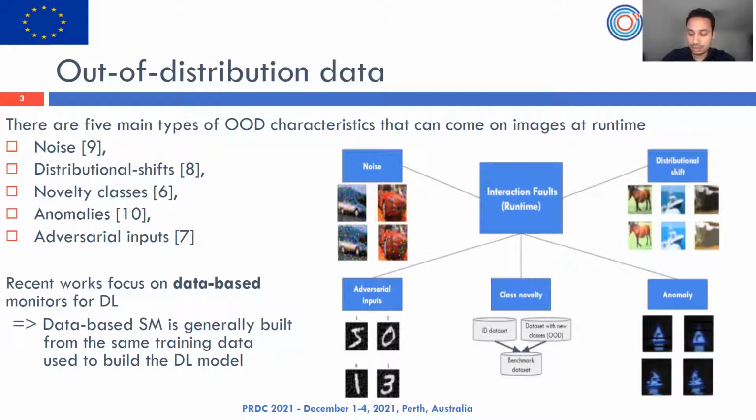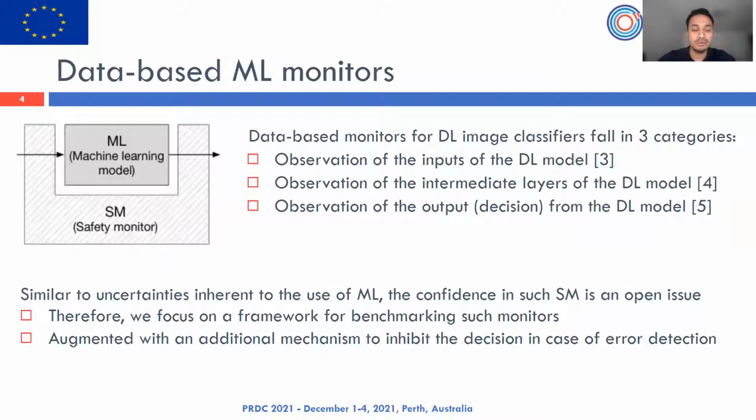And recent works on safety monitoring of these issues, this out-of-distribution data, have been proposed in the literature, and we call them data-based safety monitors, because these safety monitors are usually built using the same training data set, or at least observing the training data set that the machine learning model was using. So these data-based safety monitors can be applied in 3 different ways.